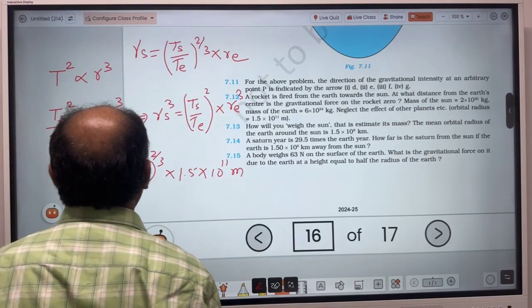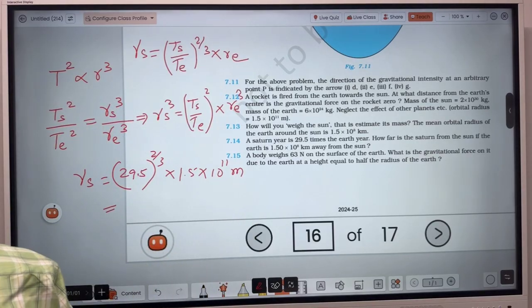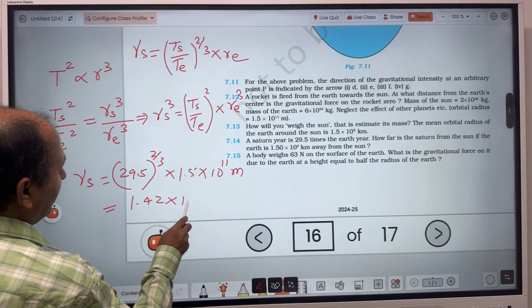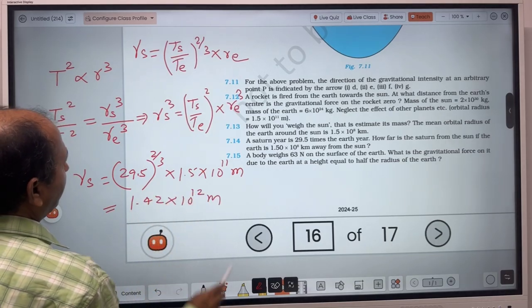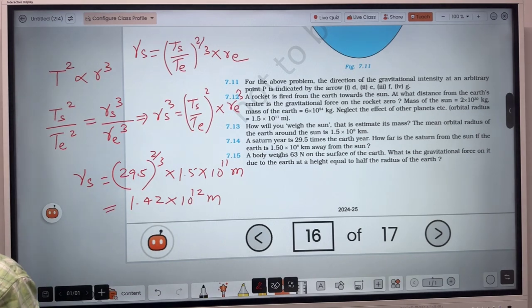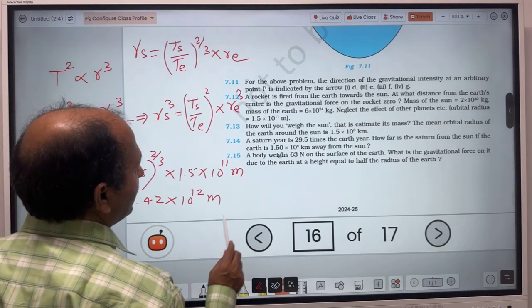You can write it in kilometer also and try to simplify. Here you have to use calculator. So think and try to do. It will come out to be 1.4 into 10 to the power 12 meters. Now, consider next question.